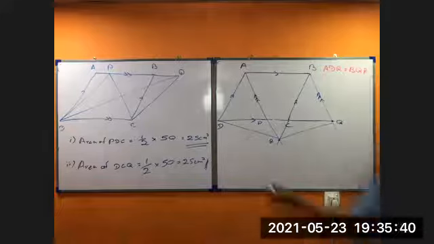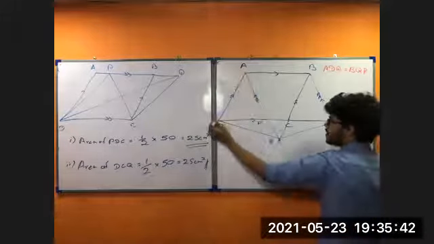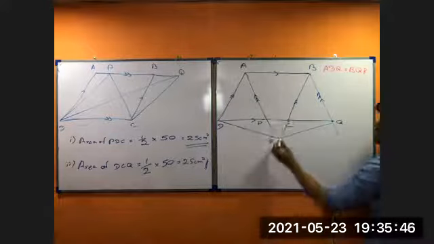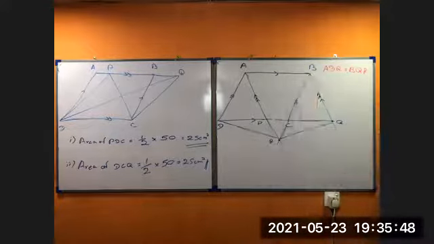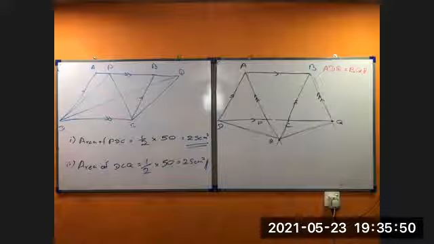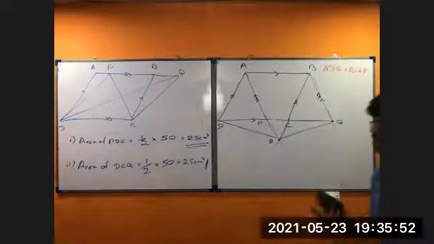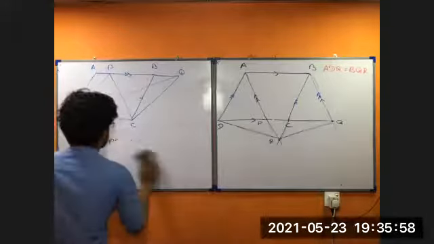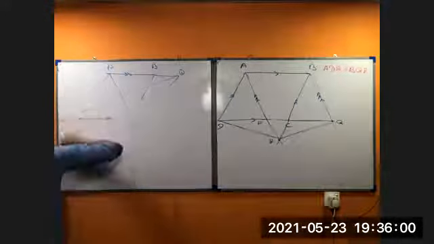BQR. So ADR is this triangle and BQR is this triangle. Okay, one student saying yes. Any other students?